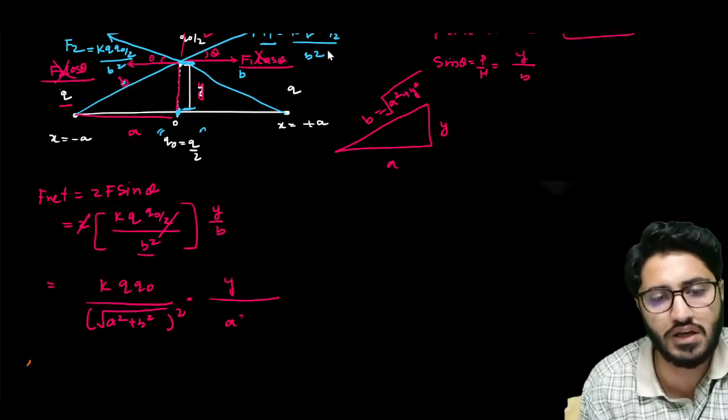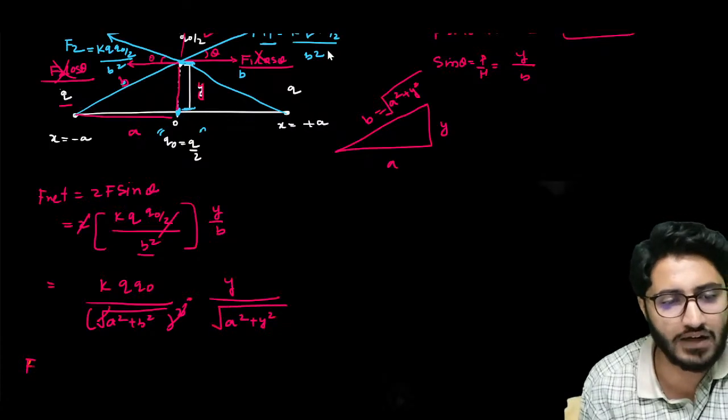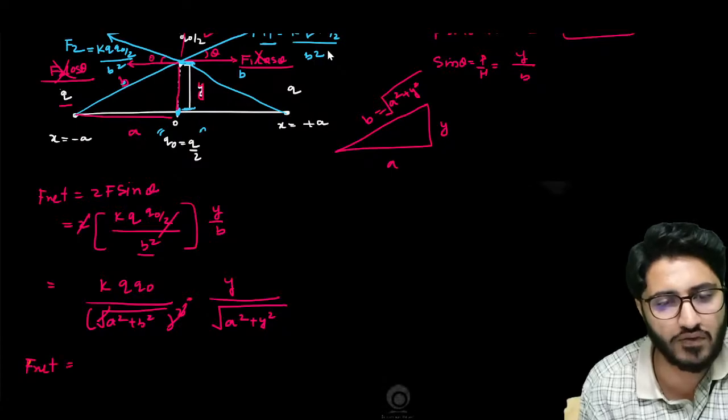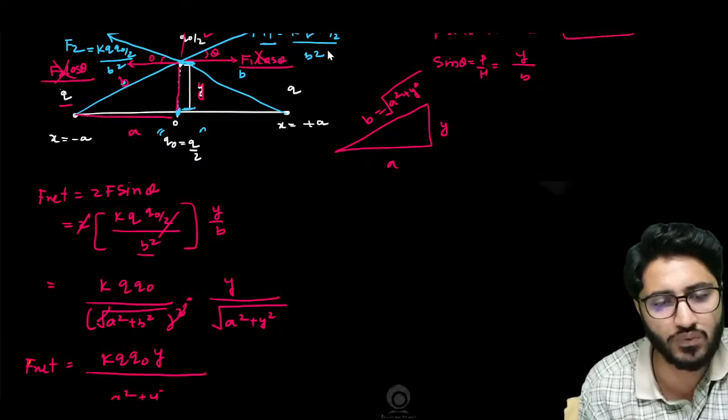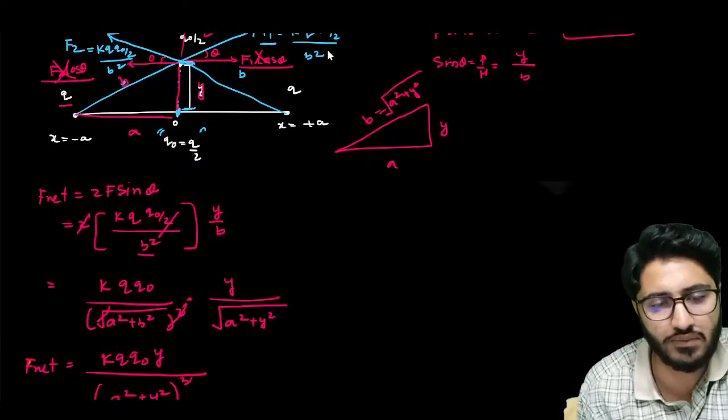B is the root of A square plus Y square, so this gets cancelled out. So my F net came out to be K Q naught Y whole divided by A square plus Y square to the power 3 by 2.